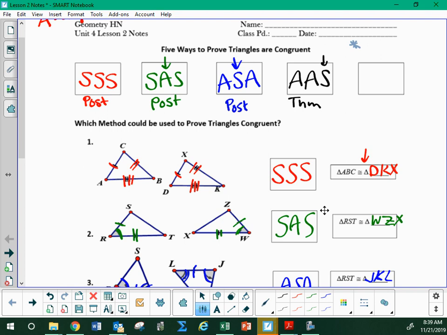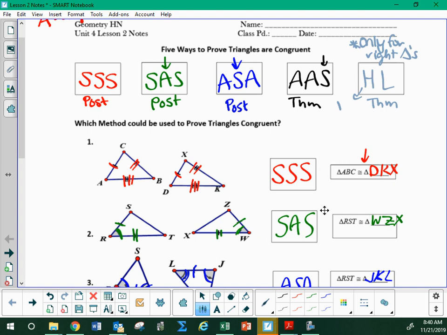Alright, so this is only for right triangles. Only for right triangles. And this one is called HL. But it is a theorem. I hate this. What do you guys think the H stands for? If we're talking about right triangles. Hypotenuse. Good.